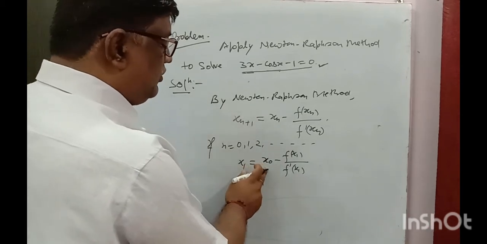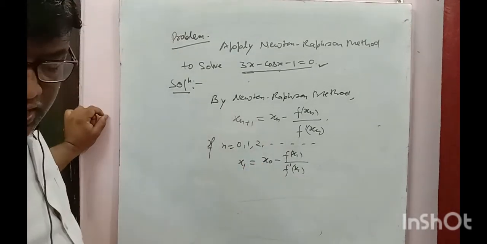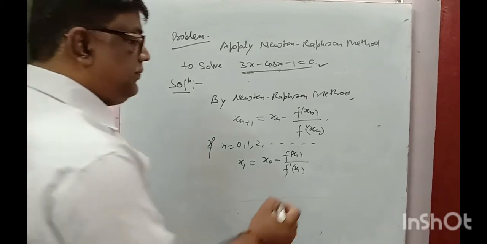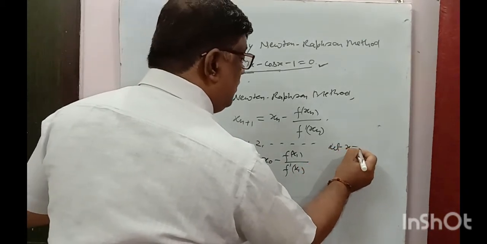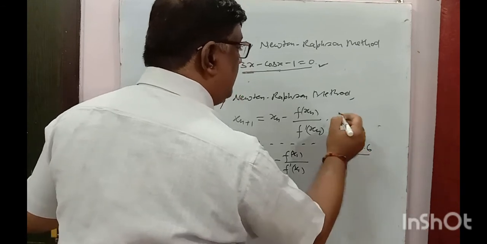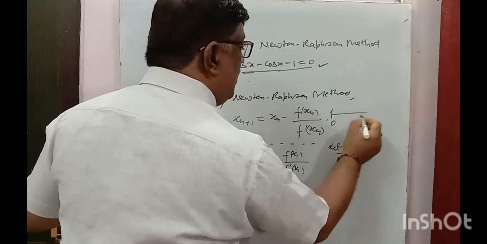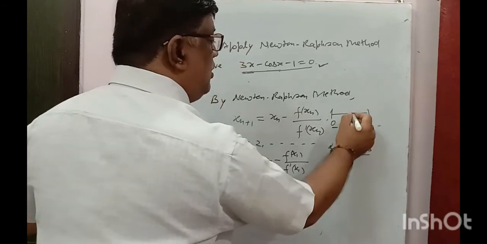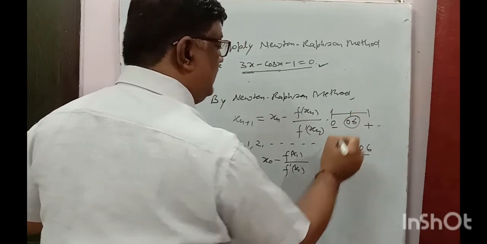We take the first approximation x0 = 0.6. Here, taking the values 0 and 1, at 0 the sign was negative and at 1 positive. Now take a middle value, 0.6.